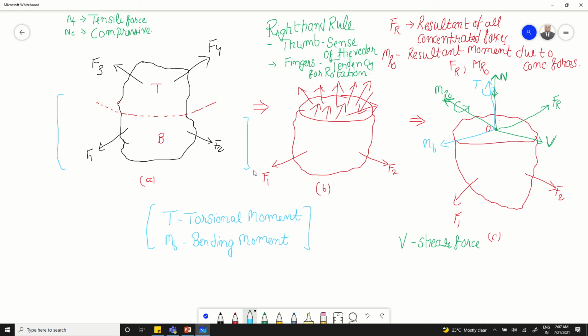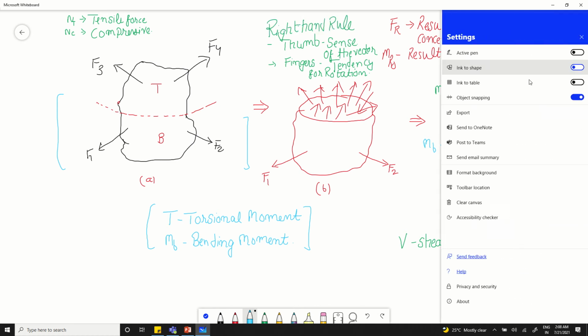Now what about bodies which are subjected to purely coplanar loading? Let us see how we estimate the internal loadings for such bodies.